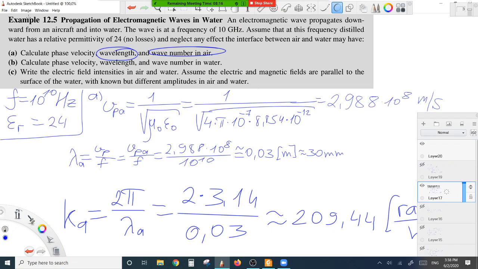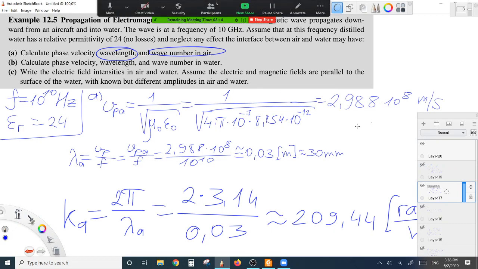Let me copy the last question in our new page.